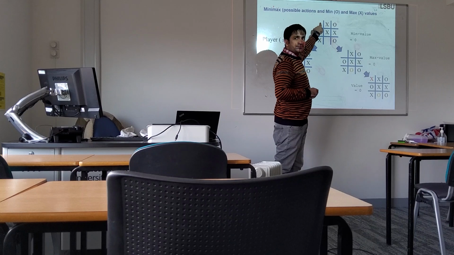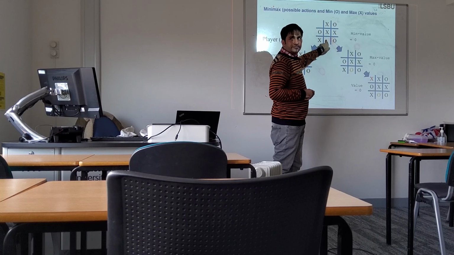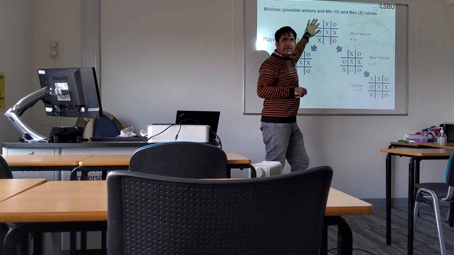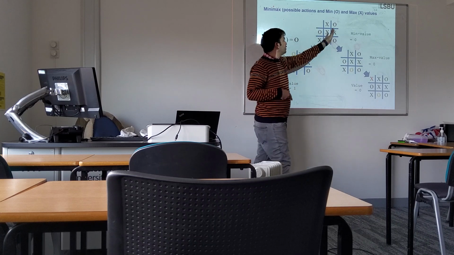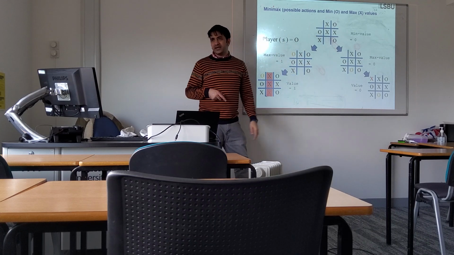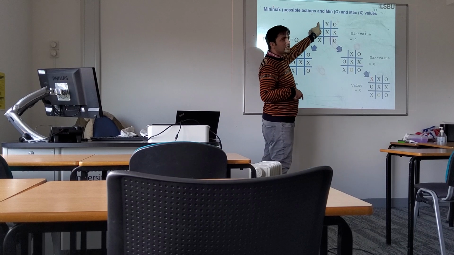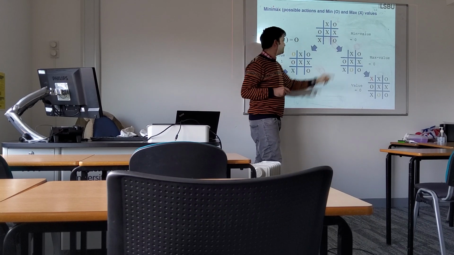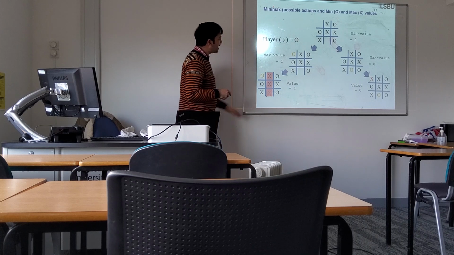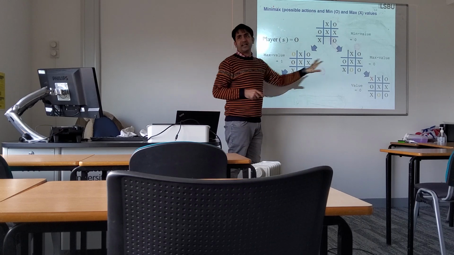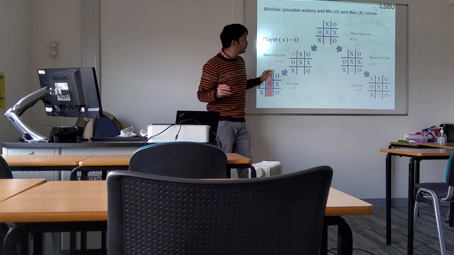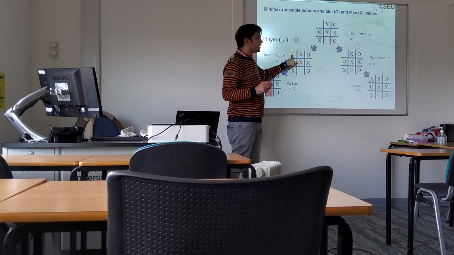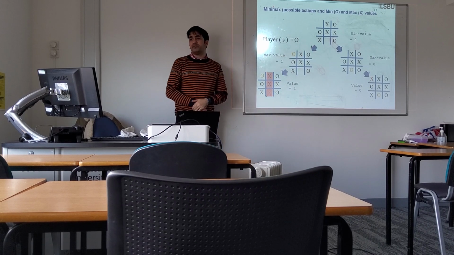Circle can go here and circle can go here. But if circle goes here, in the next move cross can win, right? So it means that if circle goes here, the max value would be 1 in the next state. That's why we say that this is just analyzing the state. We are not moving to any state. So if circle goes here, max value would be 1.